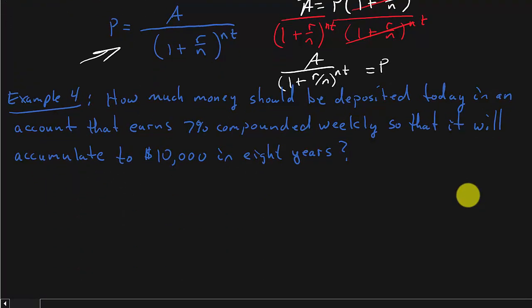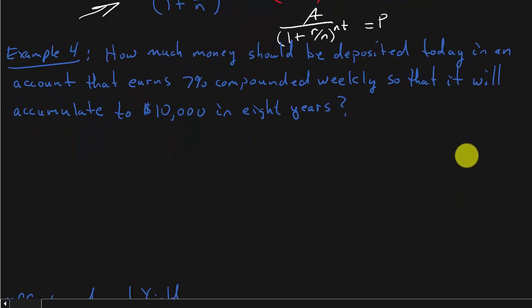All right, so let's look at this example 4. It says how much money should be deposited today in an account that earns 7% compounded weekly, so that it will accumulate to $10,000 in 8 years.